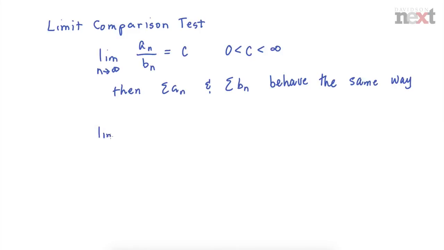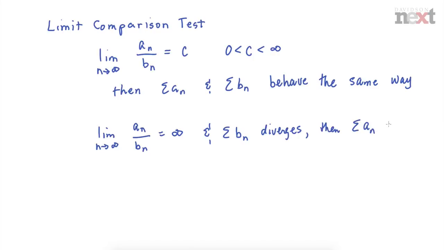There are two other options for the value of this limit. Either the limit goes off to infinity, and that means that the series made up of the a n terms grows faster than the series made up of the b n terms. So if we also knew that the b n terms gave us a series that diverged, then we know that the a n's will give us a series that diverges.